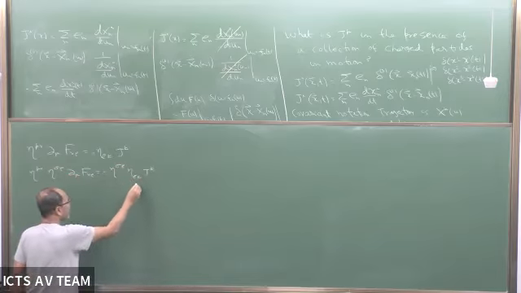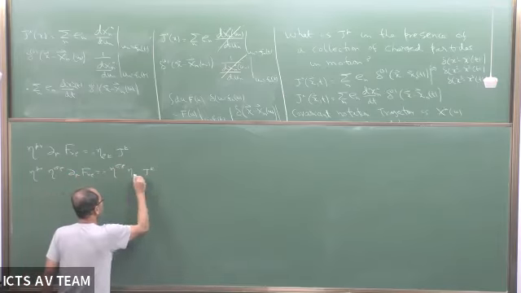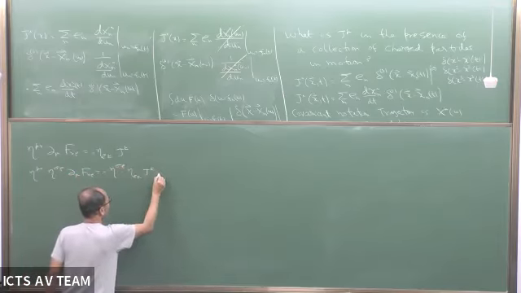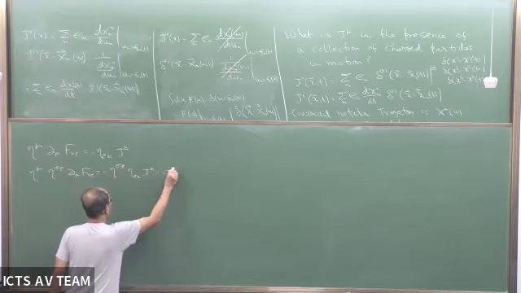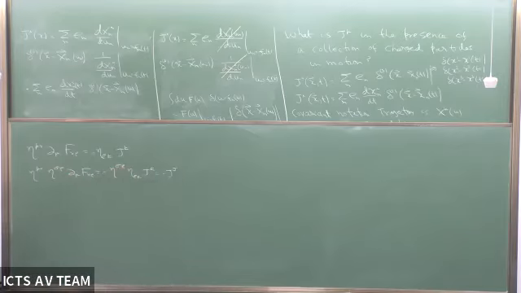This gives you Kronecker delta, delta sigma kappa. So this gives you minus j sigma. Okay, so this is the Maxwell's equation written in covariant form.